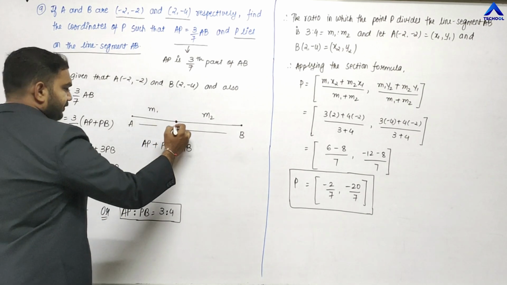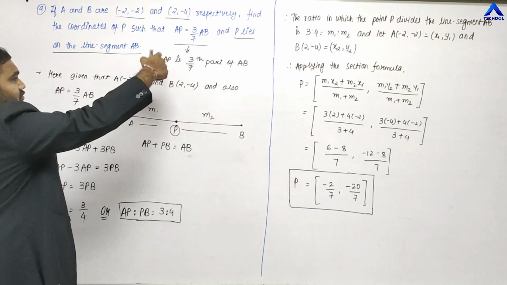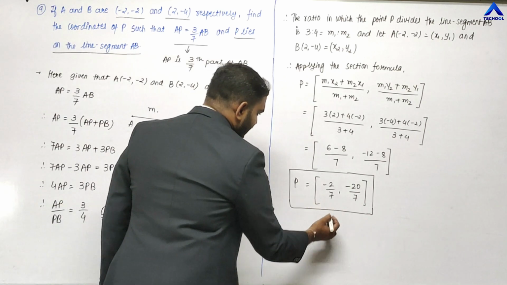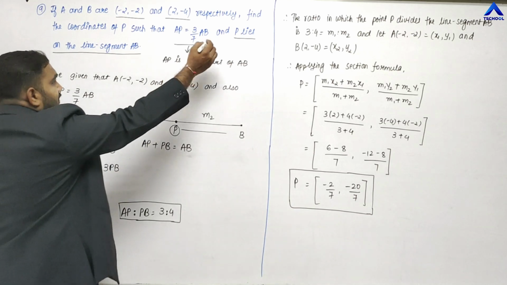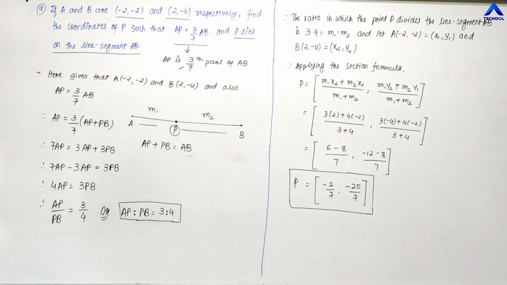So the coordinates of point P which divides the line segment AB in the ratio 3:4 are minus 2 by 7 comma minus 20 by 7. Is it clear, friends? So what was given here, just take a look that AP is 3/7 part of AB, right?